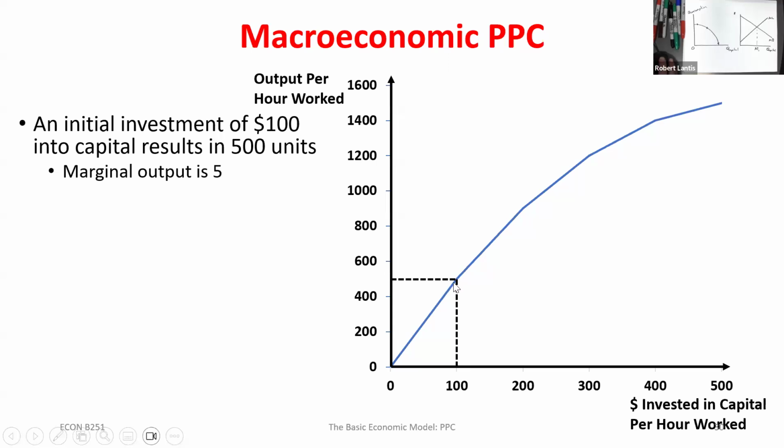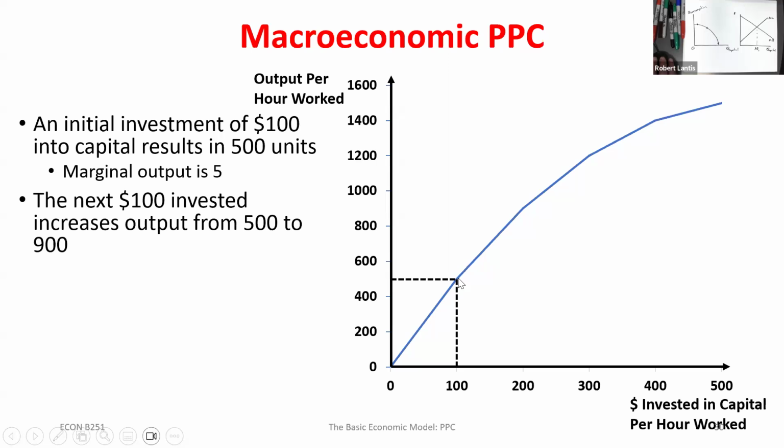Okay. Now, what do we notice is happening? The first $100 I put towards the capital I thought was most important and most effective for my workers. It allowed every hour worked, I could now produce 5 units. The next machinery I invest in will be the next most efficient or useful capital investment. So when I go from $100 to $200, my output's only going from 500 to 900.